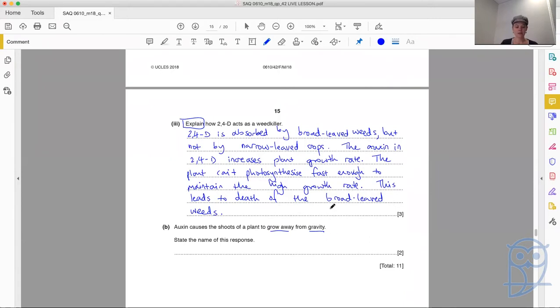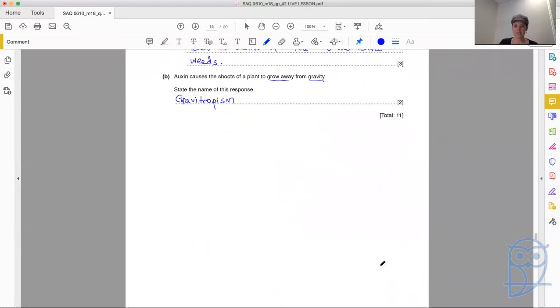So responding to gravity, we would say that this one here is gravitropism. Growing away from gravity is a gravitropic response. And we've reached the end of this question. So let's have a look at the next question and see how far we get.